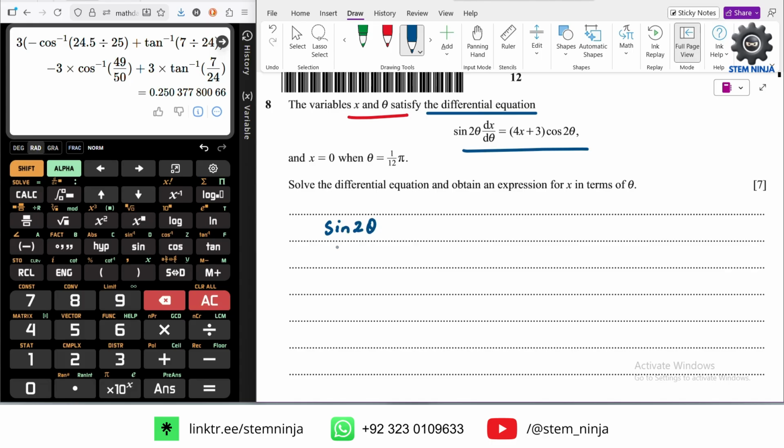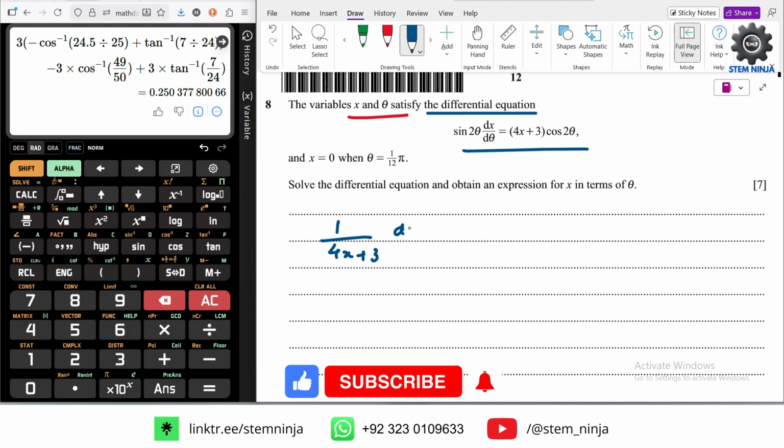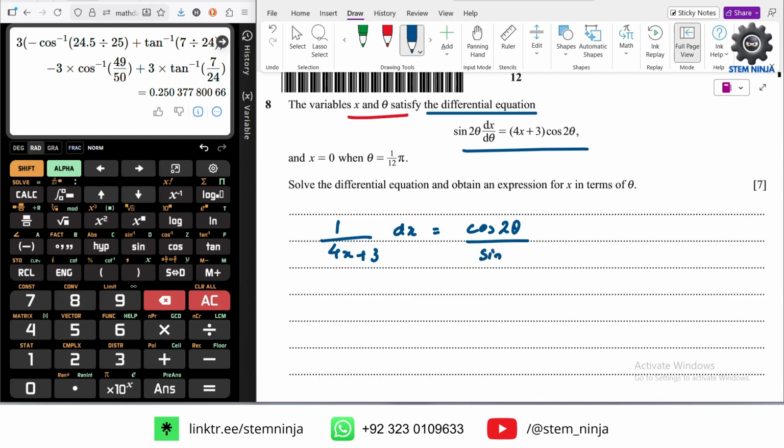Actually, no. Wait. dx terms on this side, so 4x plus 3 dx, and this would be cos 2 theta over sine 2 theta d theta.